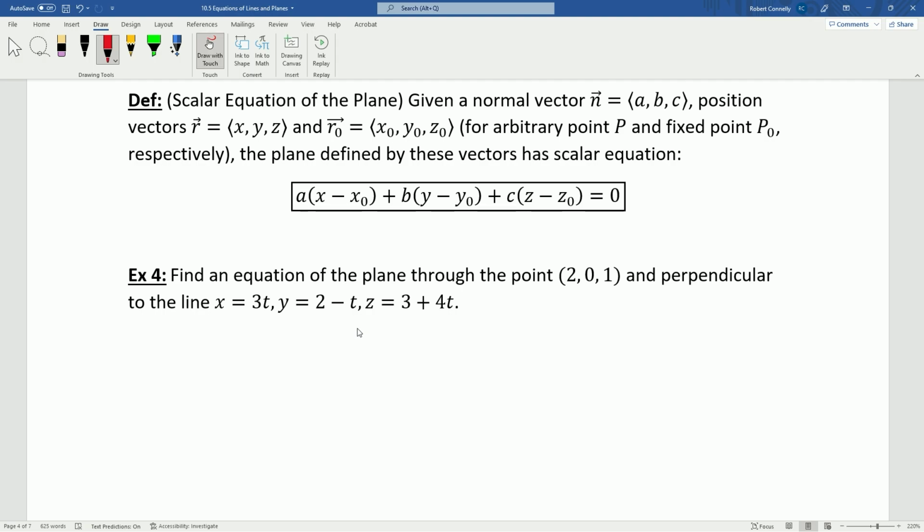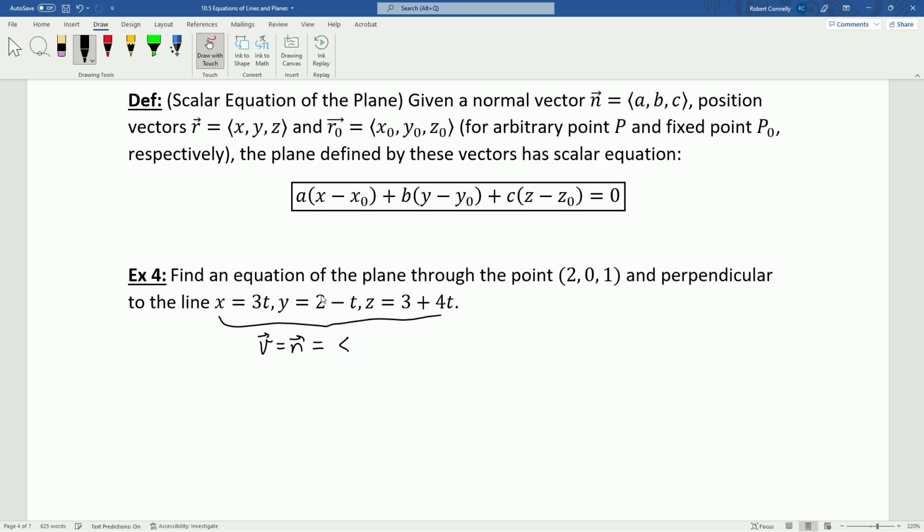Okay, so we actually have all the information we need here if we just consider the following. If the plane is perpendicular to this line, then that means that the direction vector associated with this line is a normal vector. So if we look here, this vector is actually the normal vector for the plane because by definition it's perpendicular to the plane.